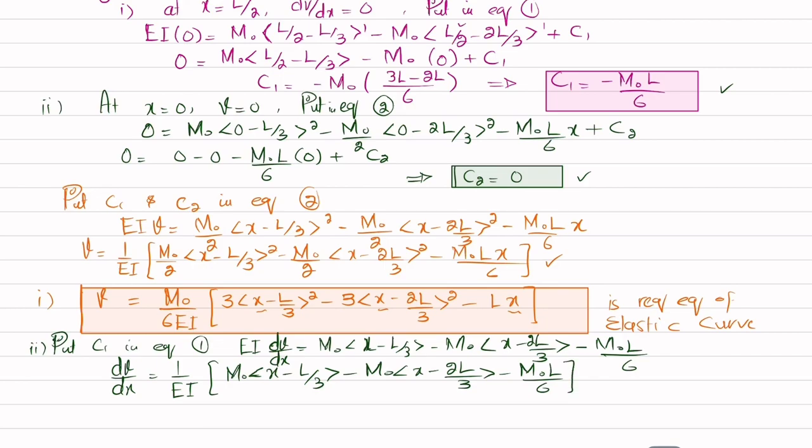And if you take m naught over 6 as common, so this will be equal to m naught by 6. So you will have only this term, x minus L by 3, x minus 2L by 3, and this will be equal to minus L only. Okay. So this is the equation of slope.